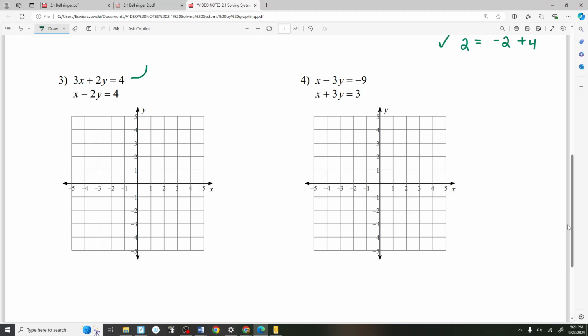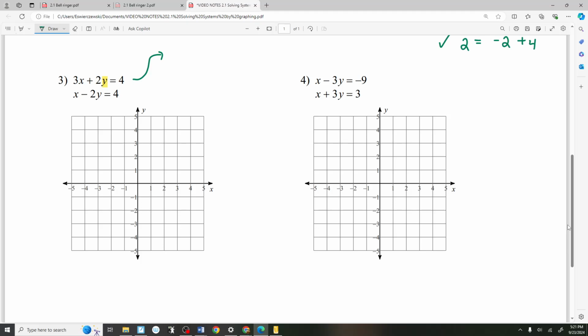So if I look at this first equation, I'm going to put a little arrow here, and I'm going to solve for y. This is a little tricky at first when you first see this, but I basically want to undo everything that is happening on this side except for y.